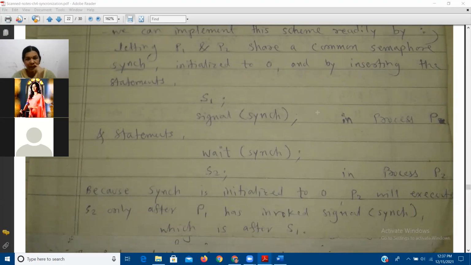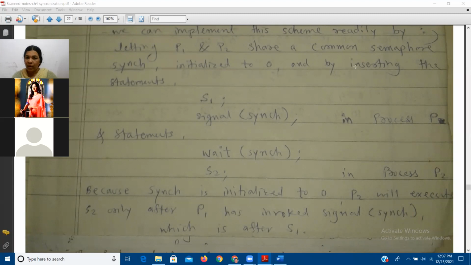So whenever the signal is given, only then is process P2 able to use the variable sync. Otherwise, P2 has to wait. Here we assume that two processes are there, P1 and P2, and P1 is executing two statements, S1 and signal(sync). The sync variable is treated as a semaphore variable.